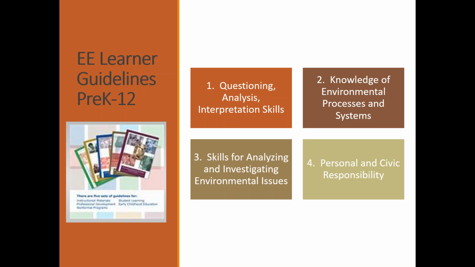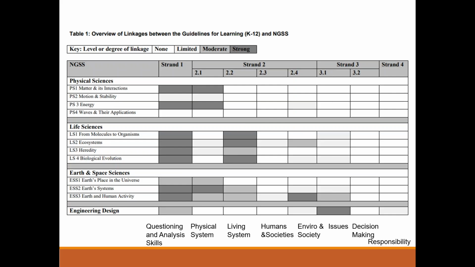So NAAEE went through and correlated those national environmental education standards to the Next Generation Science Standards. You will see the darker boxes mean it's stronger and the lighter boxes mean it's weaker. So you will see those skills show up very strongly in strand 1.